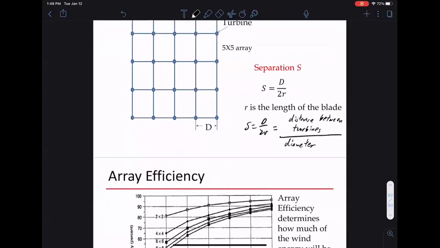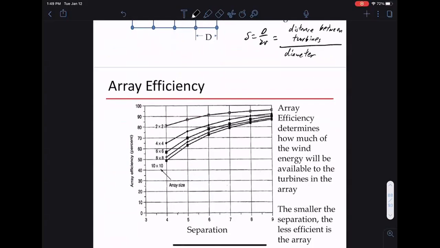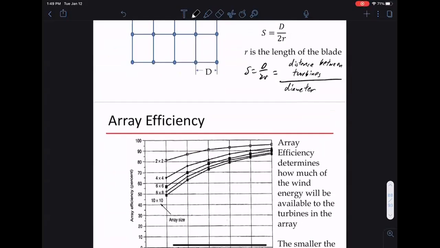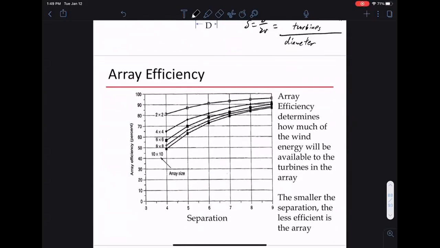Okay, so the way you would do this, a lot of times, is by empirical analysis. It's challenging to analytically work out the relationship between separation, so this is S equals D over 2R, and the efficiency. We know the larger the separation, the more efficient it is.